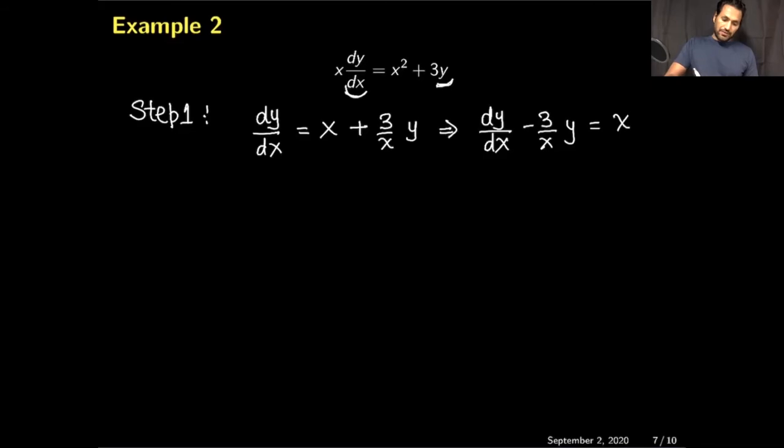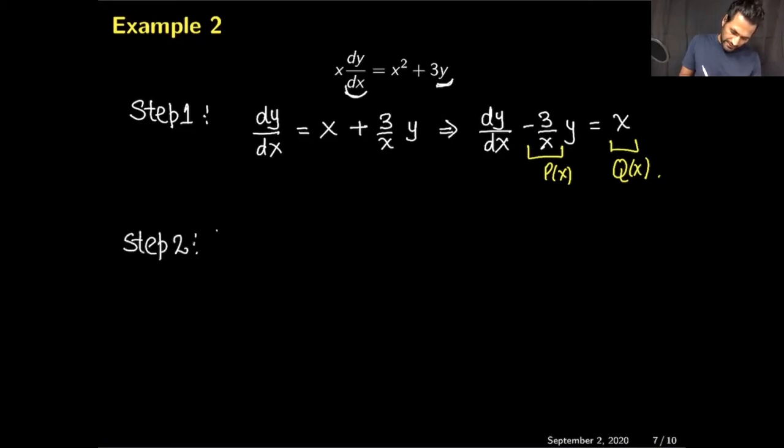This is the standard form of the equation. So this function is p(x) and this function is q(x). Before you solve any differential equation, it's very important to first identify what type of differential equation it is. Now we can move to step number 2 and calculate the integrating factor.